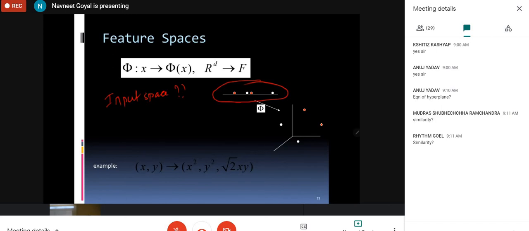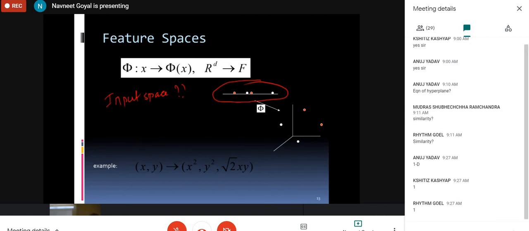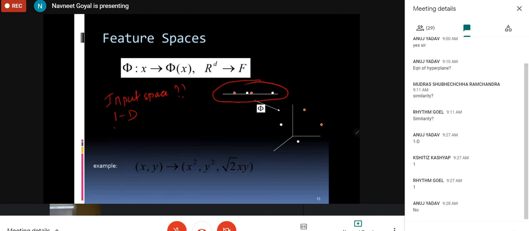What is the dimensionality? 1D, right? So the data is in 1D. And is it linearly separable? No, it is not linearly separable, right?